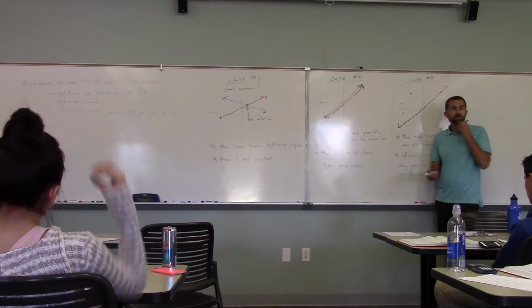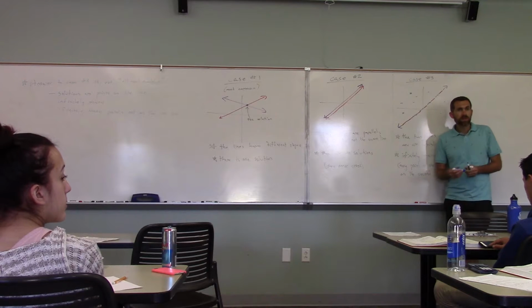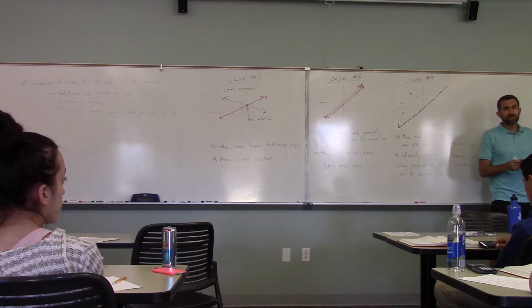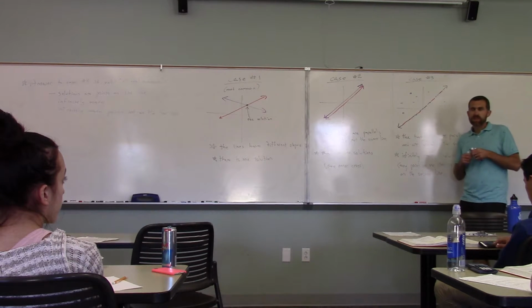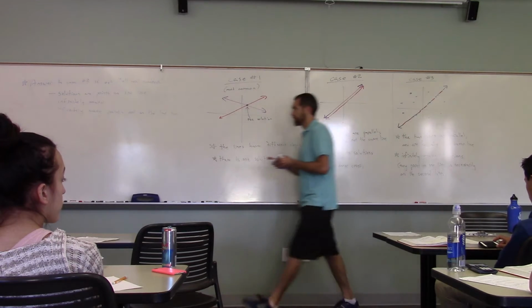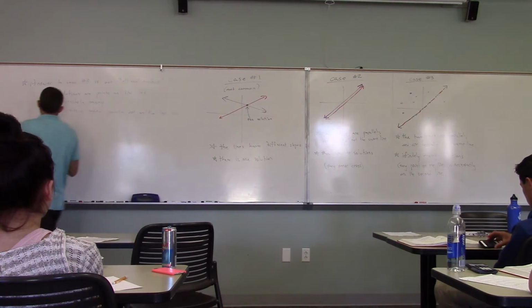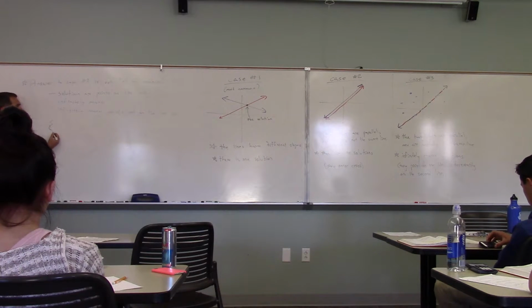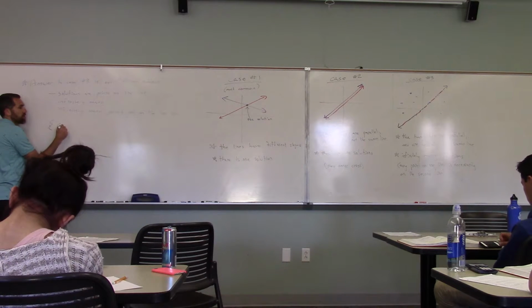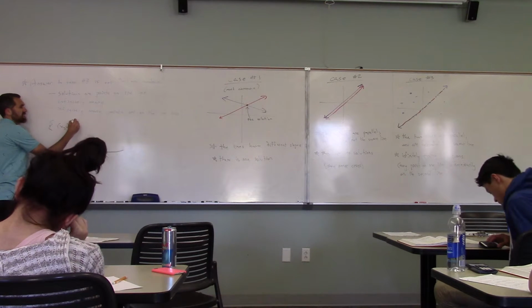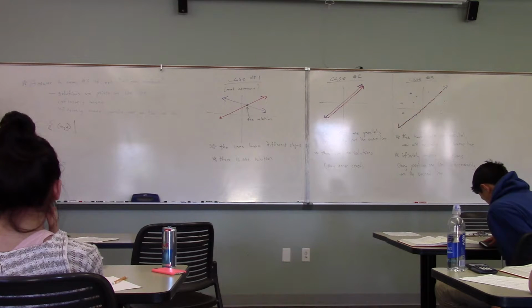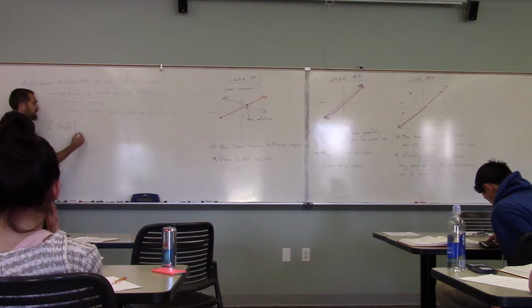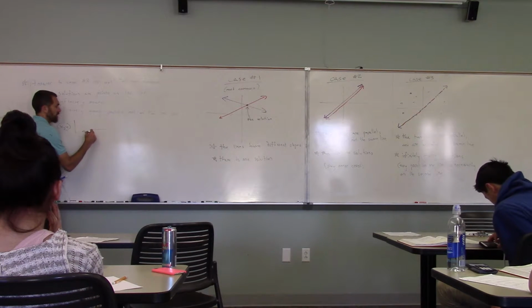Is another correct way to express that basically all real numbers such that it makes the equation true? Yeah, and the way you would actually write it in math, which is kind of convoluted, we're not going to do this in this class, is set notation. You would say all the points x, y, and then this bar means such that. So you'd say all the points such that, and then you would write the equation of the line.